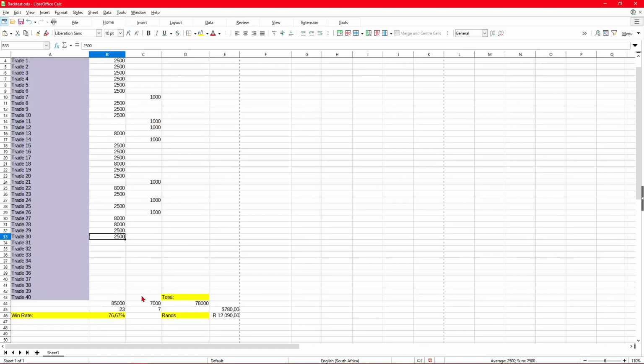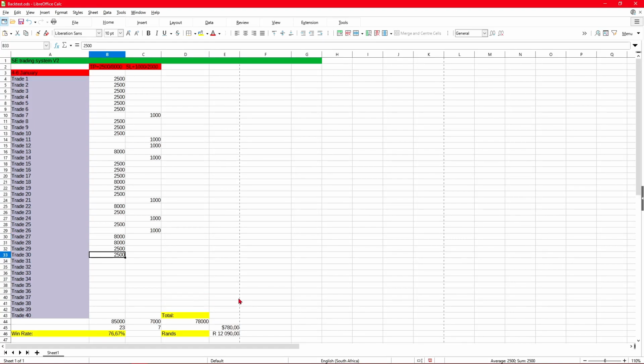In total, there were 23 wins and 7 losses, bringing our win rate for this specific strategy to 77%. And that would get you $780, and when that was converted, it came out to 12,090 Rand.